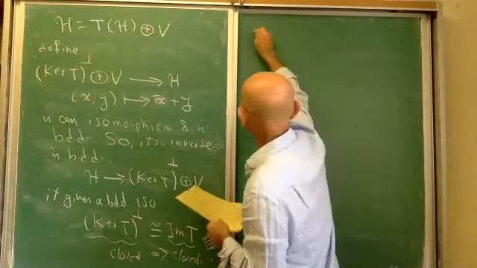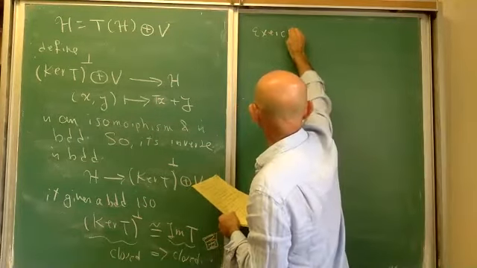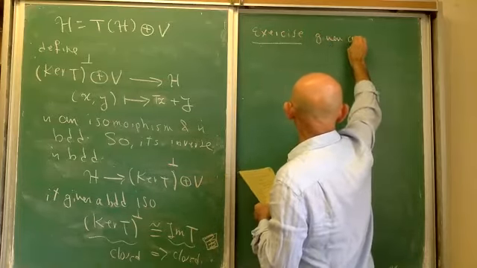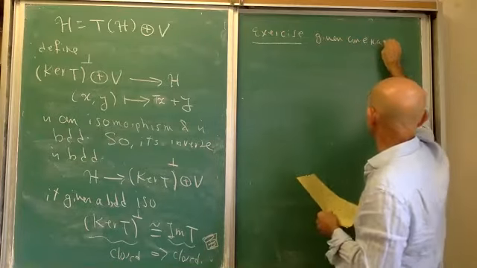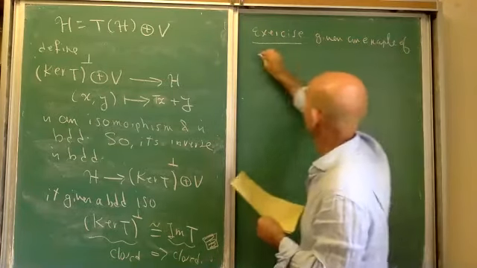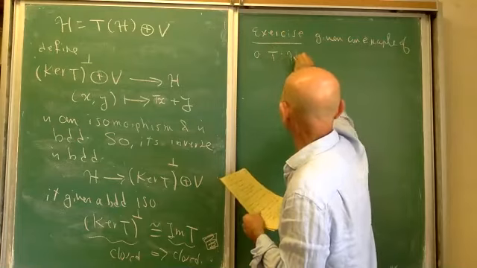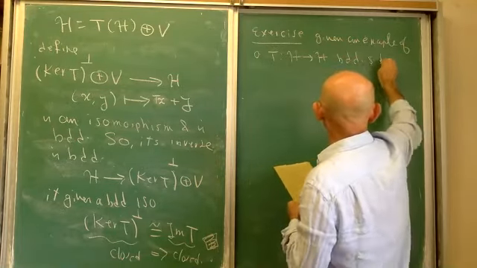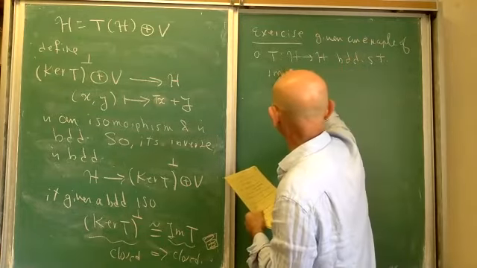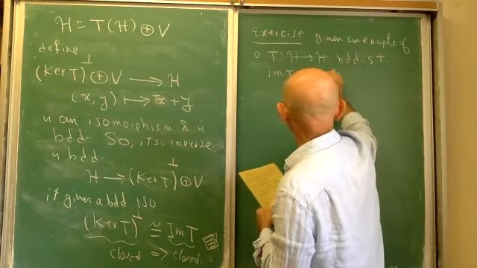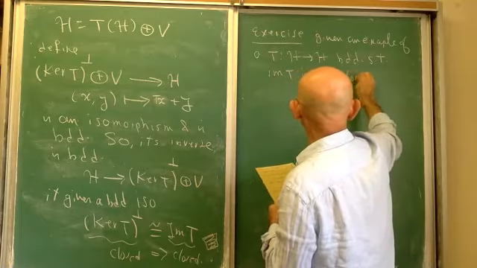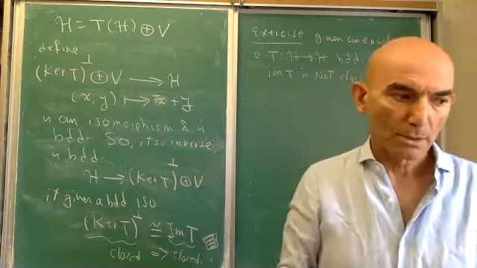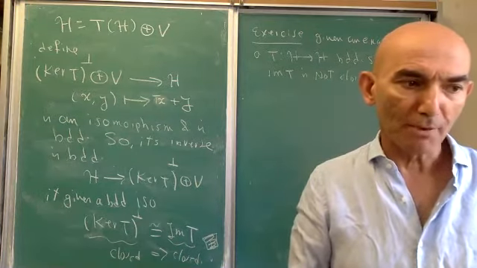So the exercise is this: find a bounded T such that image of T is not closed. Can you think of an example offhand like that?